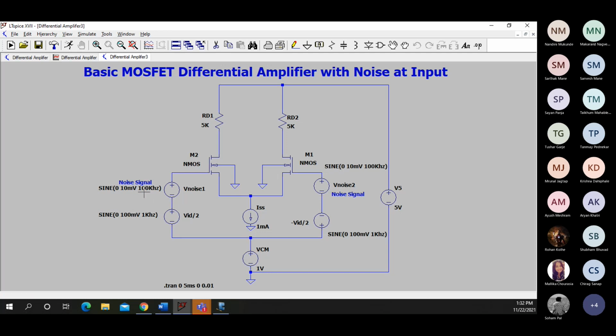So if my main signal is of 1 kilohertz, then my noise signal is of slightly higher frequency. If my main signal is 100 millivolts, then my noise signal is of 10 millivolts. So please do like this, and then we will go ahead.